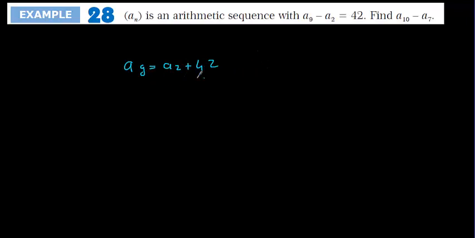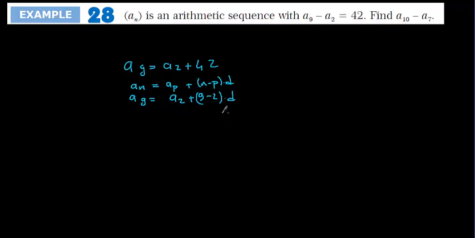At the same time, a9 is equal to a2 plus 9 minus 2 times d, and from the advanced term formula, I write that one: it's equal to n minus p times d.